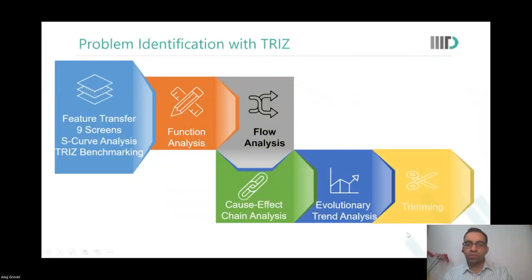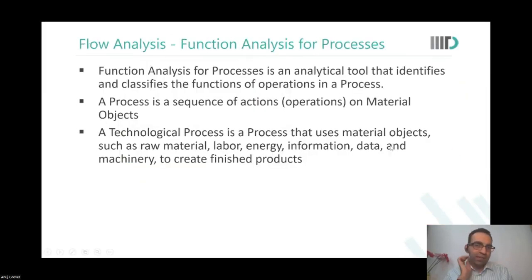Okay. So what we did for function analysis of products, when we say we're doing function analysis for processes, we now identify functions instead of components. A process is a sequence of actions or functions on material objects.